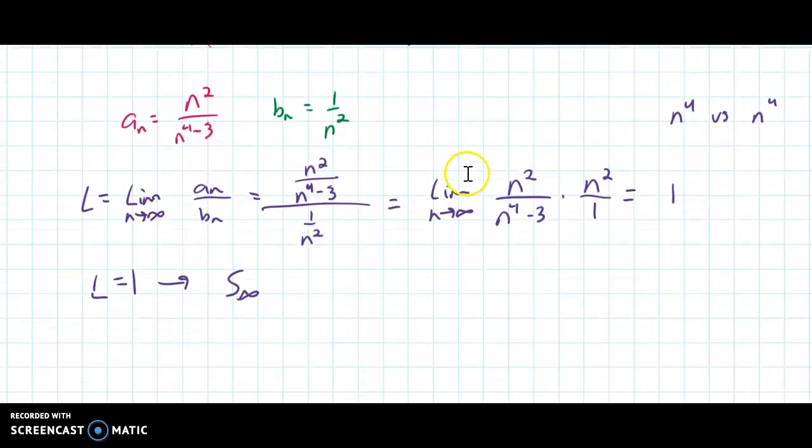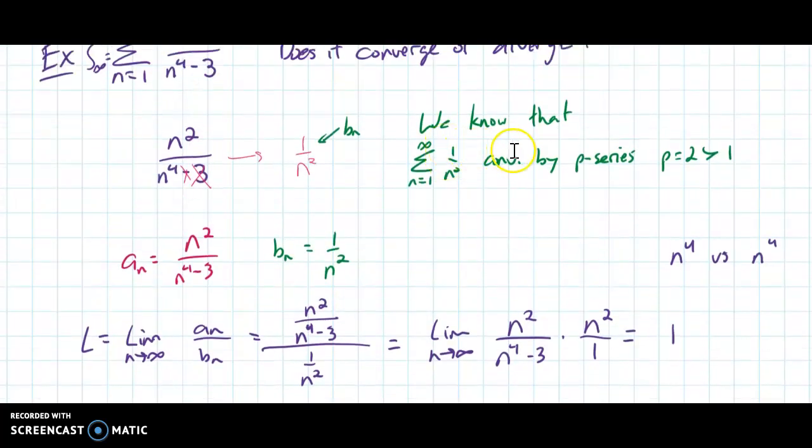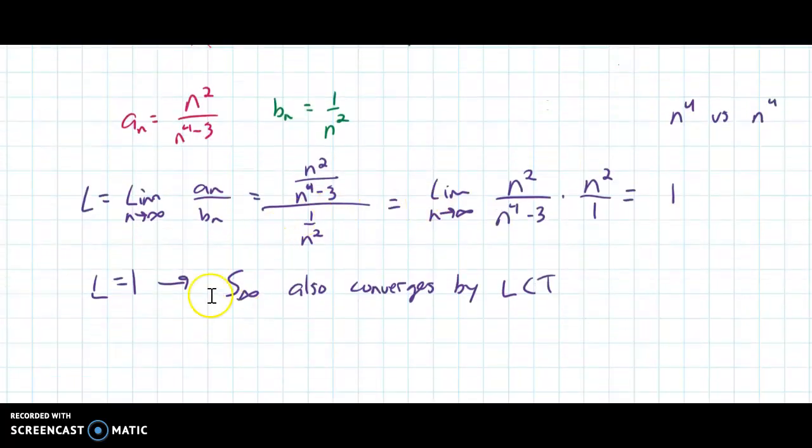So S sub infinity also converges by LCT. Why does it converge instead of diverge? Well, that's because the p-series that we compared it to, that we used the limit comparison test with, it converged by p-series, right? So this one also converges by p-series.